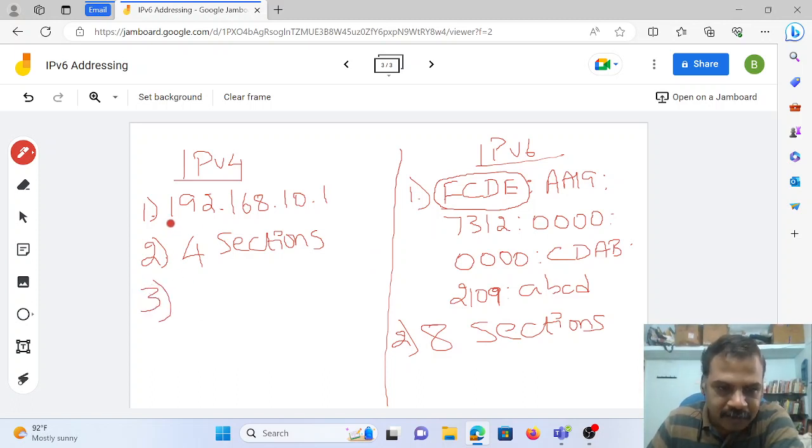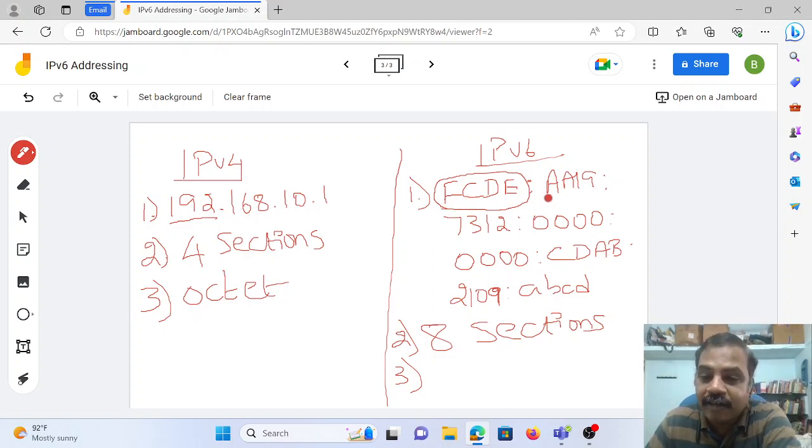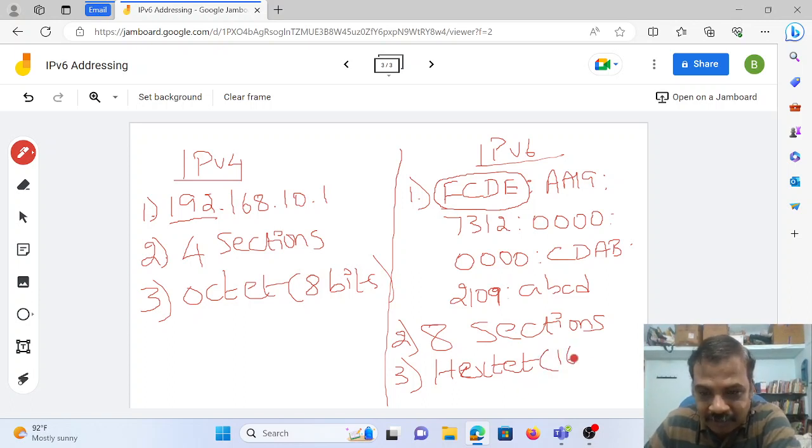In IPv4, each section is an octet. Here each section, like FCDE or AA19, is a hextet. Octa means 8, so each section is 8 bits. Hexa means 16, so each section is 16 bits.